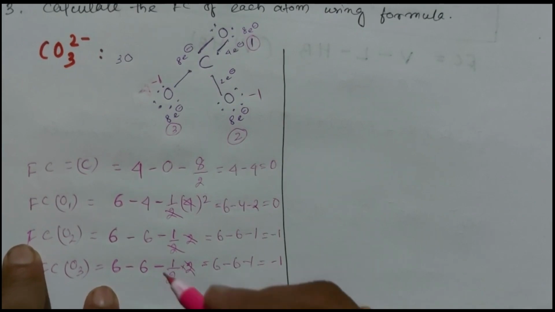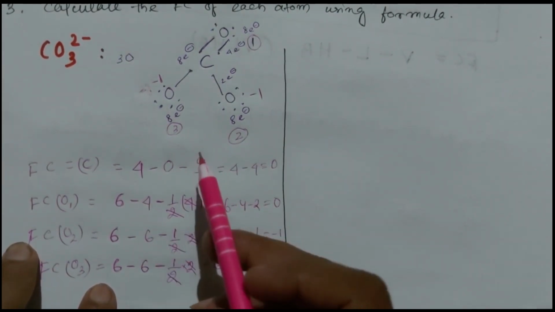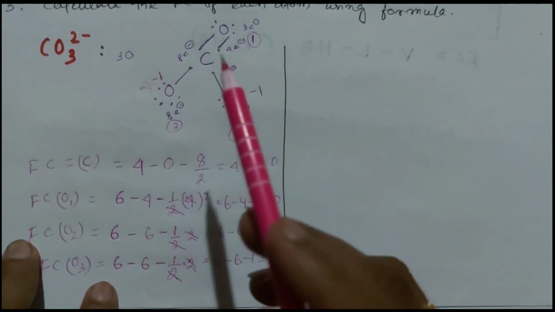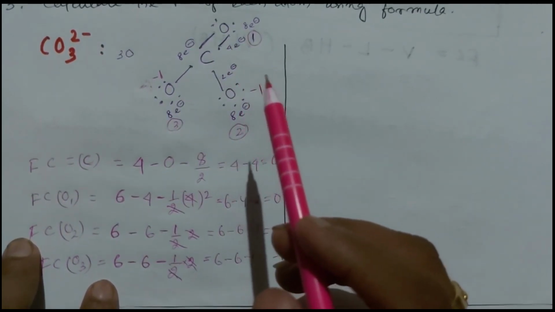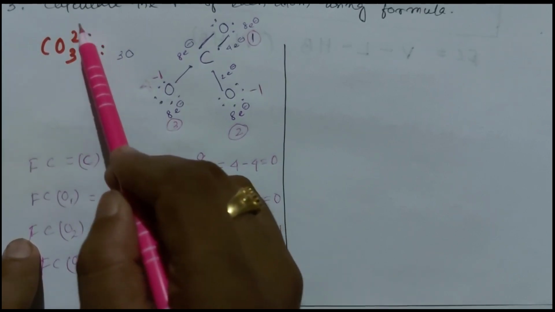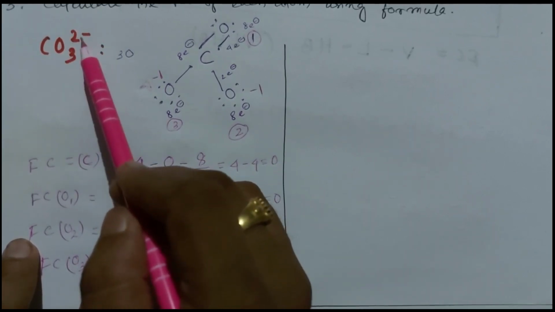Now, I have told you that if you add all the formal charges of each atom, you will get the total charge of the compound or molecule. The total charge is 2 minus.